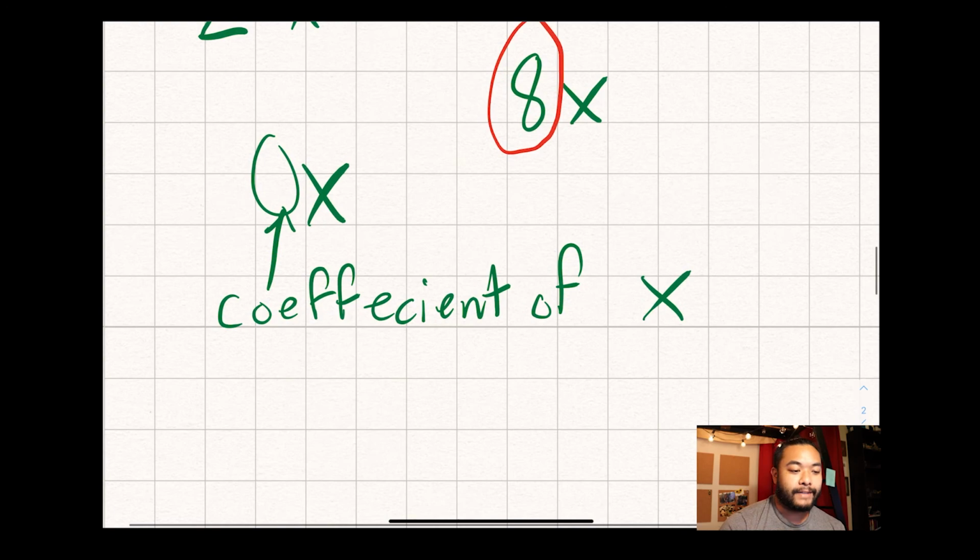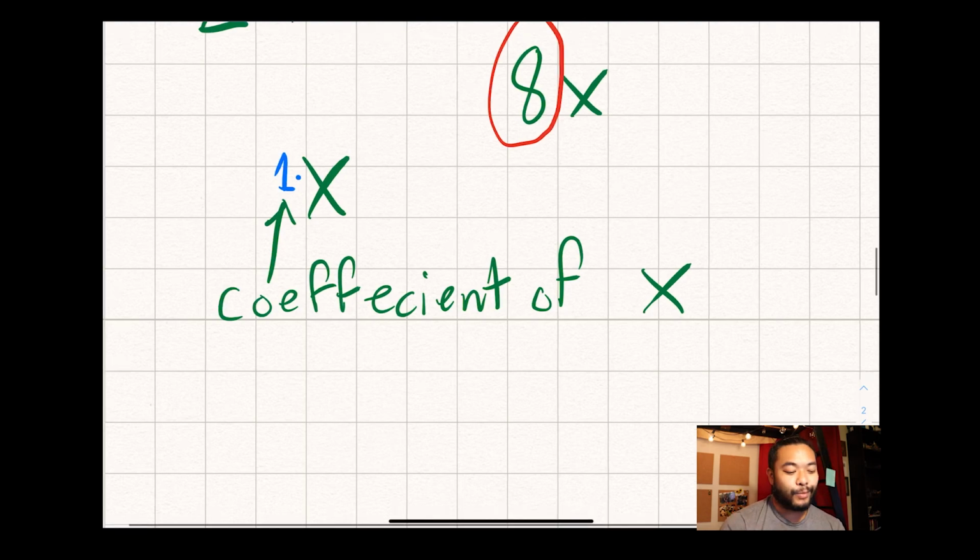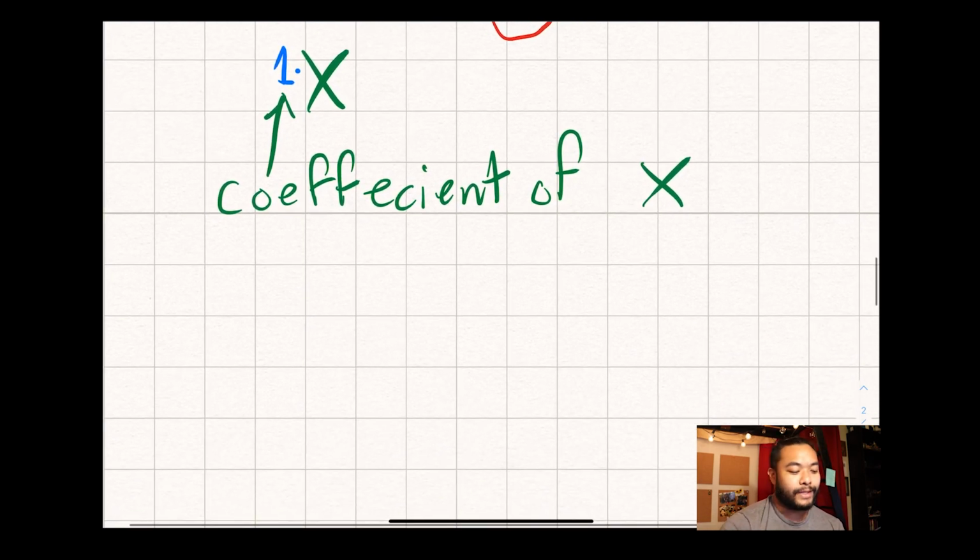So if all I have is x, then what is this missing number here? What is something in front of x that is being multiplied that'll just give us x? The answer is the coefficient is 1. 1 times x. And that makes sense. We don't write the 1 because that'd be a waste of space. It's 1 times x. And this is just x.